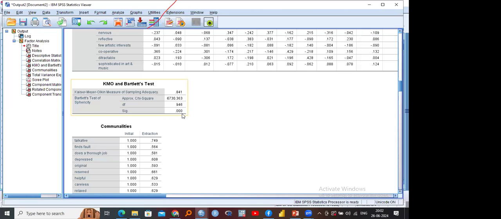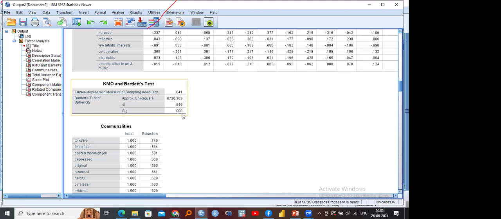So Bartlett's test hypothesis gets rejected and you conclude that your data is fit for factor analysis and the correlation matrix is not an identity matrix. Not an identity matrix means the remaining variables, that is the off-diagonal elements, are not zero.